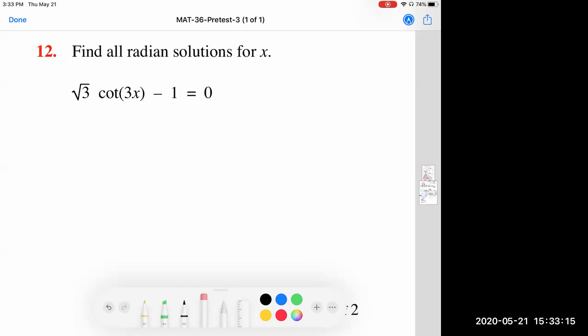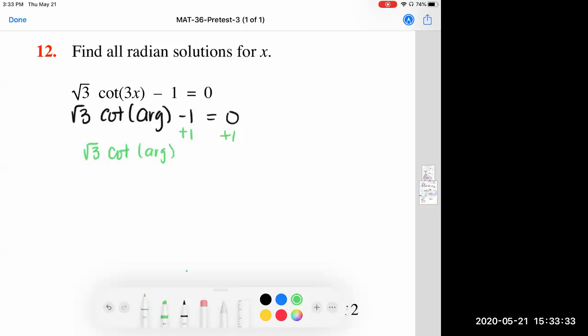So I have square root of 3 cotangent of arg minus 1 is equal to 0. All right, let's move some stuff around. Plus 1, plus 1. I have square root of 3 cotangent of arg is equal to 1. Divide by square root of 3. So I have cotangent of our argument is equal to 1 over square root of 3.